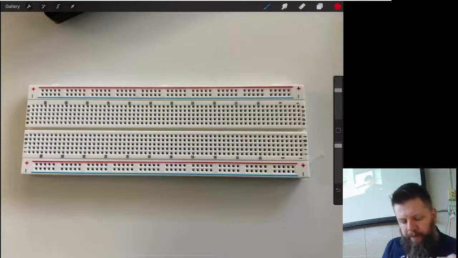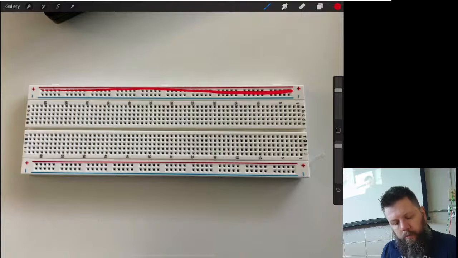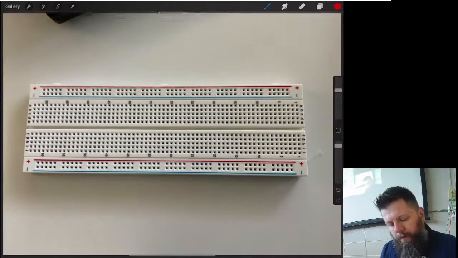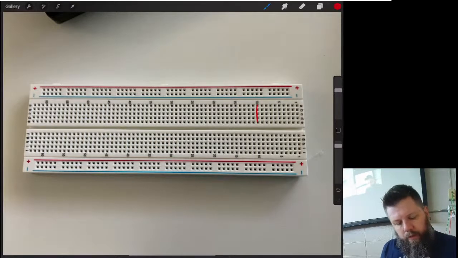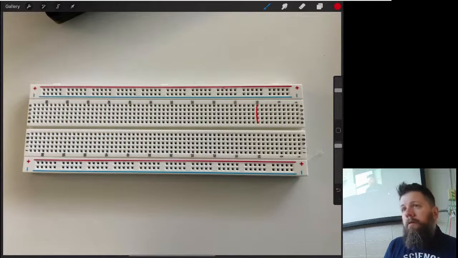Now, there's 4 special rows across the top up here. Like, where there's only 5 holes that are connected right here, right? There's a bunch. 1, 2, 3, 4, 5, 6, 7, 8, 9, 10. There's 50 holes across the top that are all connected.